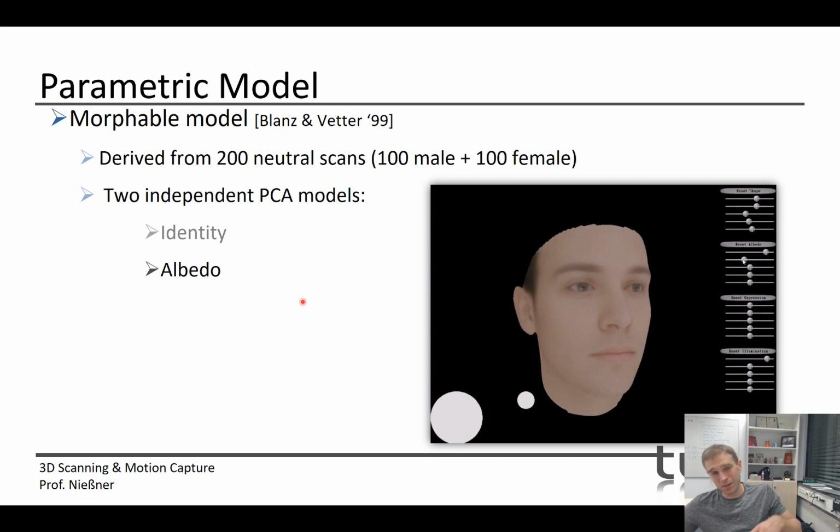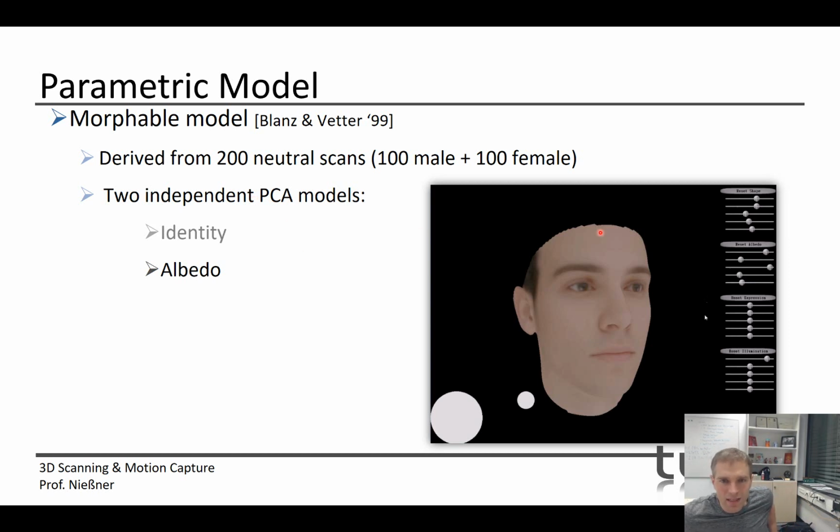Now, I hope it makes a little bit more sense, because now I'm mentioning that these are PCA bases, right? And PCA bases have this property that you basically do a low-rank approximation of a distribution, and then you're getting eigenvectors. And these eigenvectors span a basis, and you can control that basis by controlling the coefficients to it, which are related to the eigenvalues of the covariance matrix here.